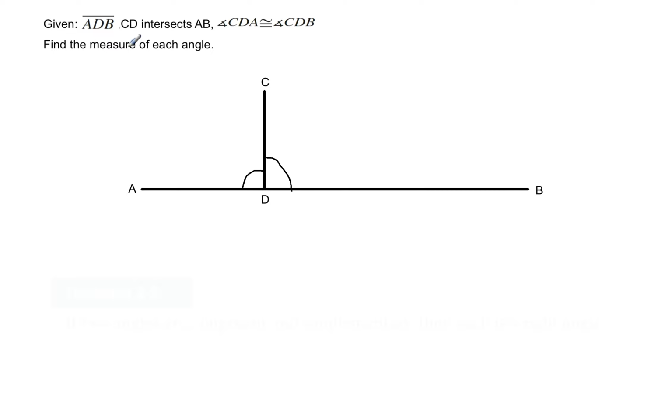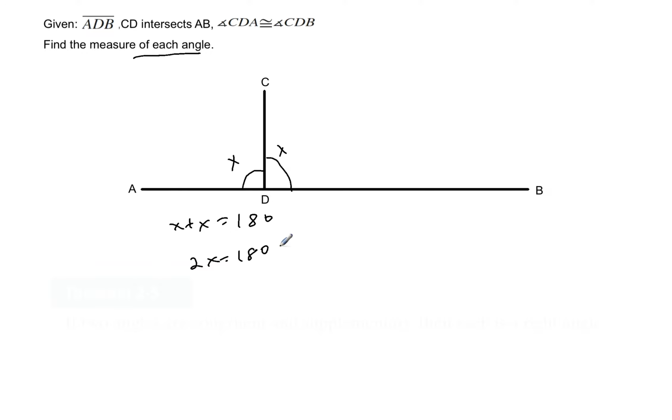So they're asking me to find the measure of each angle. If these two are equal to each other, let's use a variable x to represent these angles. So CDA is x and CDB is x. If this is a straight line, which it says right over here, straight line ADB, that means that if I add x plus x, that is equal to 180 degrees. Or 2x is equal to 180 degrees.